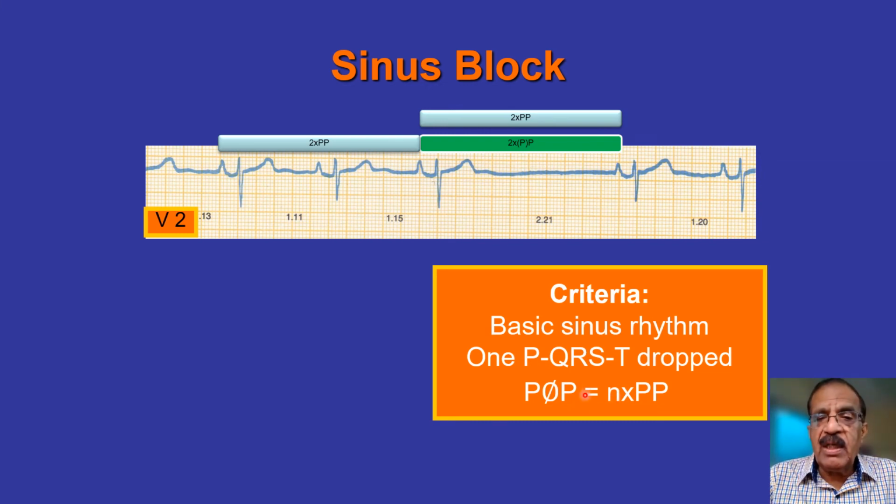But theoretically you could have this number 2 or 3. But this P naught P has to be an integral multiple of the one number reflected here. Okay, so this is sinus block. Little fancy, but it's interesting. Don't you think so? So, sinus nodal block.